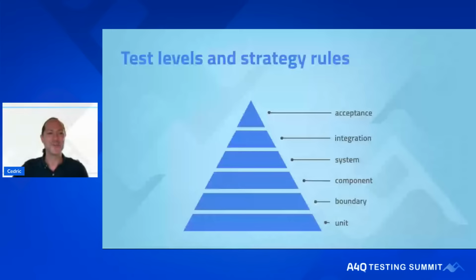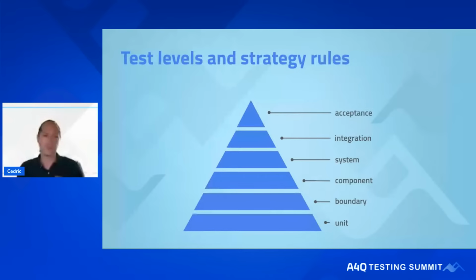Anyway, I'm reaching the fifth example. The fifth example is that beautiful pyramid. All of you have learned, whatever the methods, whatever the rules you've been taught, the pyramid is something you've seen. These are the different layers of tests, the different levels: unit, boundary, system testing, integration.